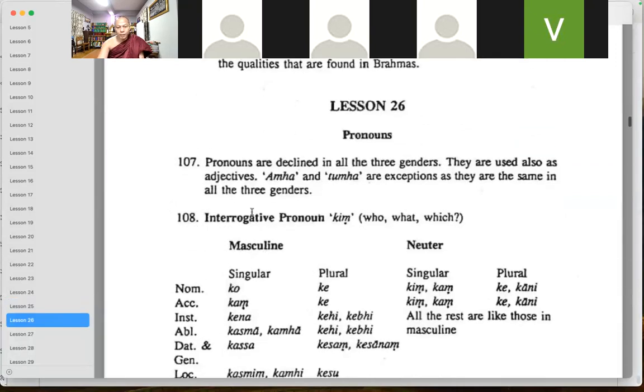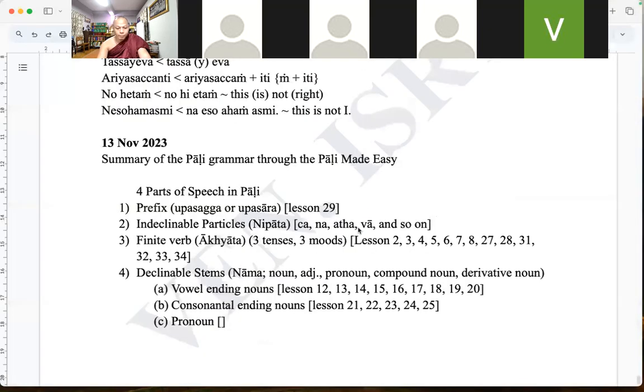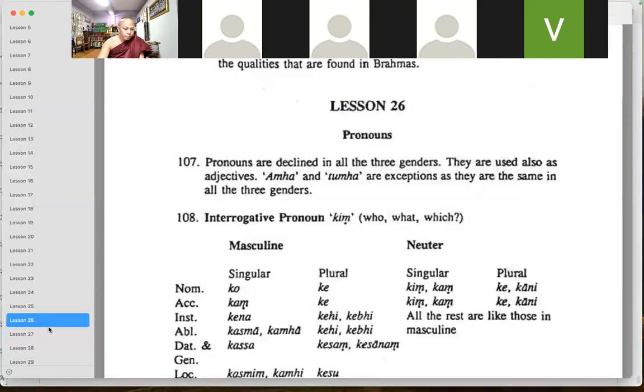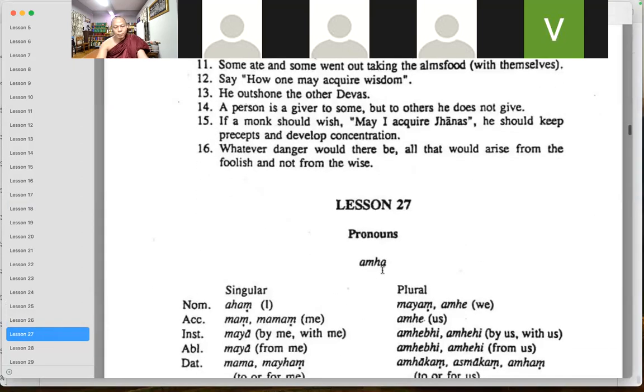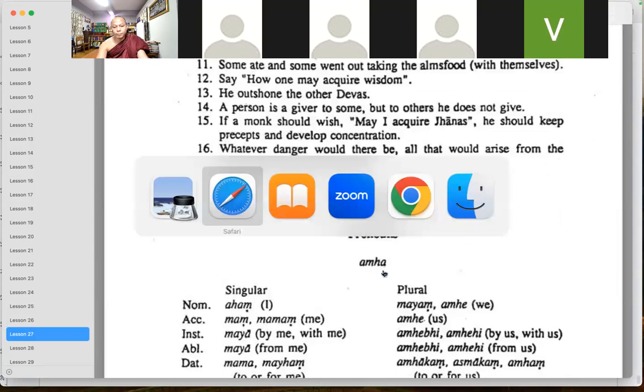So maybe in this lesson the interrogative pronoun came, and the personal pronouns tumha and amha are also like that, you see. Now 26. And then 27 also. 27 also pronoun, you see, amha and tumha.